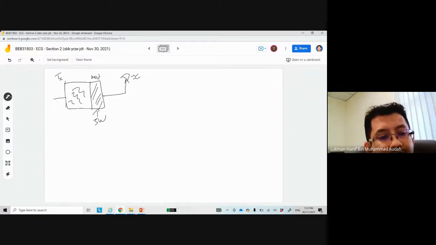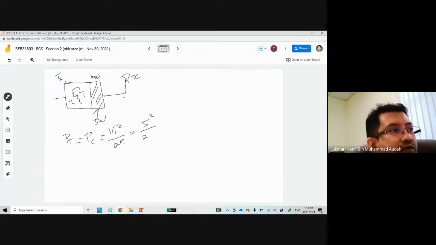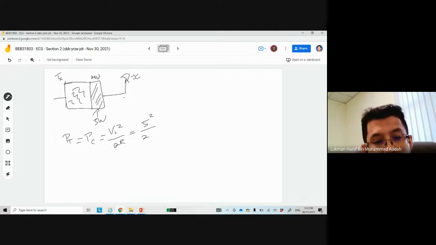Okay. So actually you can calculate how much is the total power. So total semua sekali. So P total is actually equal to PC, which is VC square over 2R. VC is given in the question, which is 5 volt. So 5 volt square divide with 2 times R, how much?